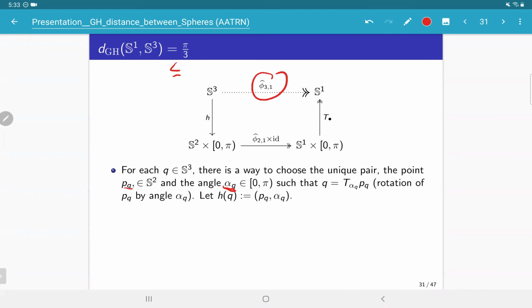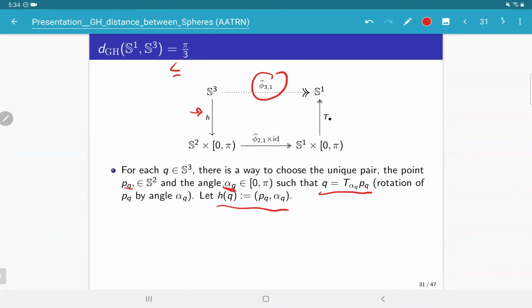Moreover, this pair satisfies the following: the point Q is the rotation of P sub Q by angle alpha sub Q. Here, as usual, we are embedding S2 inside S3 as an equator. And we define this map H in this way: H of Q is P sub Q, alpha sub Q.